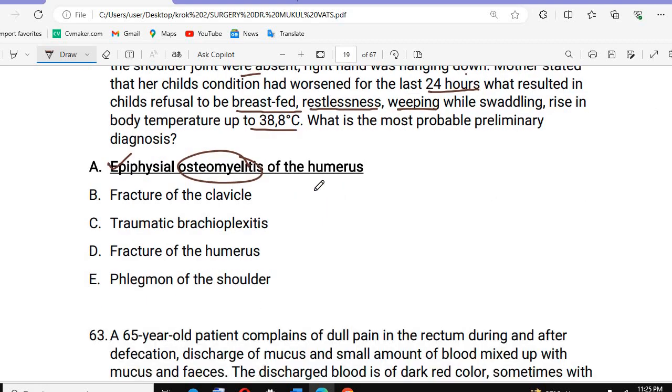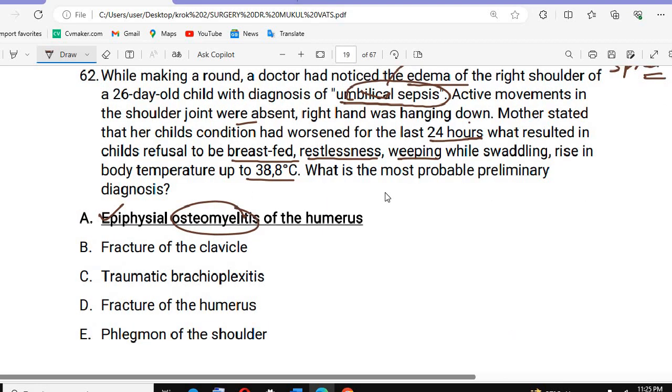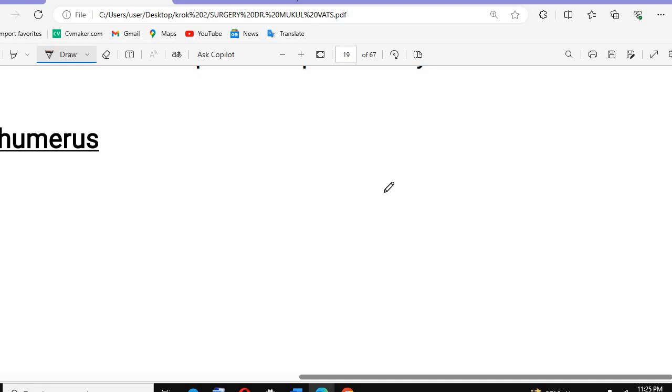So what we have seen is osteomyelitis. Let's talk about it a little bit.